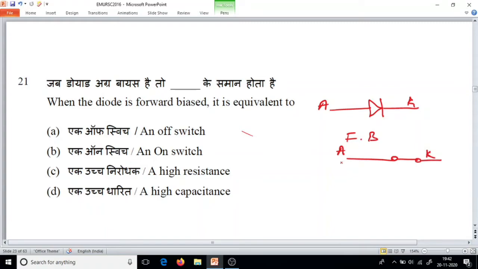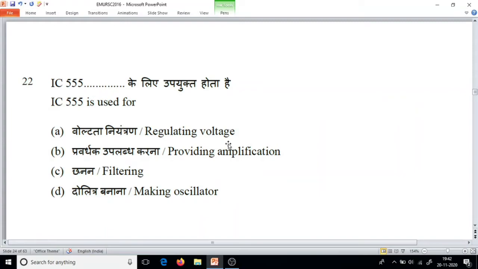If it is reverse biased, an ideal diode, what happens? When it is reverse biased, it will act like an open circuit, anode and cathode. So the answer is as an on switch when it is forward biased. Question number 22.